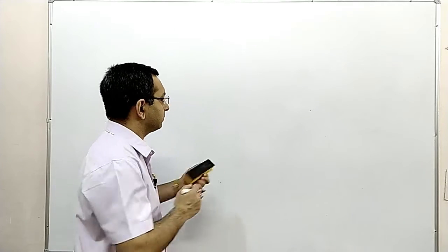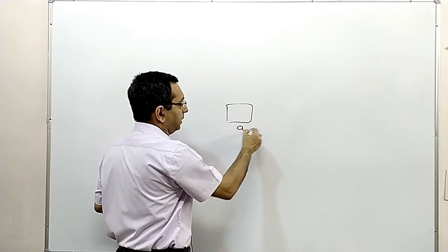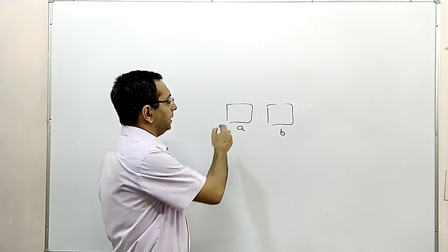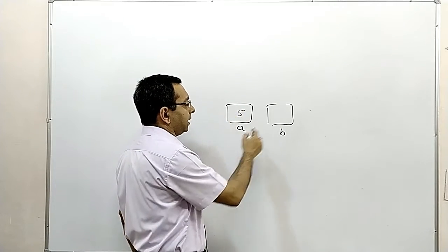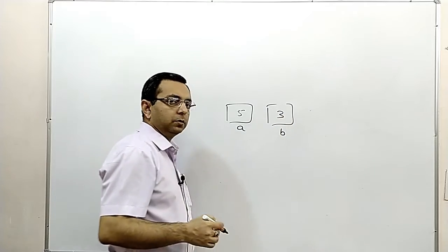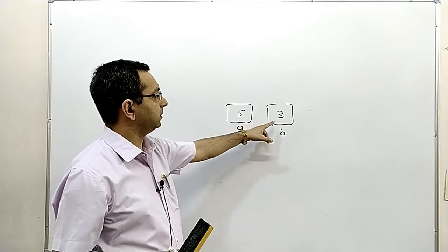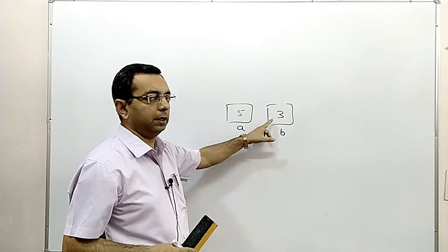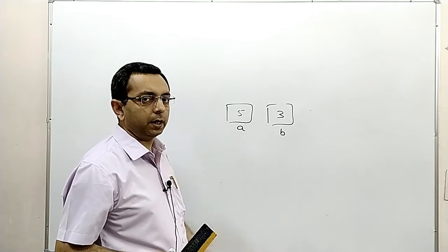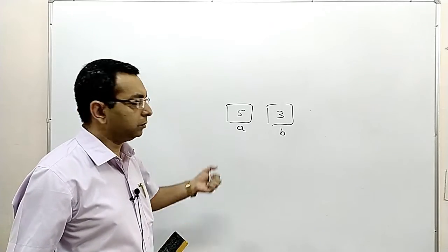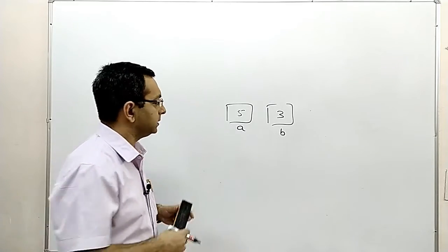For example, we have two variables, A and B, and A is having 5 and B is having 3, and you have to check which number is big. Of course, you can see on the whiteboard that it is 5 and 3, so you can identify 5 is big, but in coding, in programming, you have to write some lines.